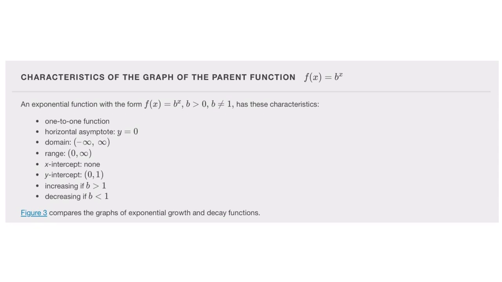But the distinguishing characteristic of the exponential function is that our variable is in the exponent, is the power. So we're going to do things like 7 to the power of x, any positive real number not equal to 1 to the power of x. That's the general form of an exponential function.